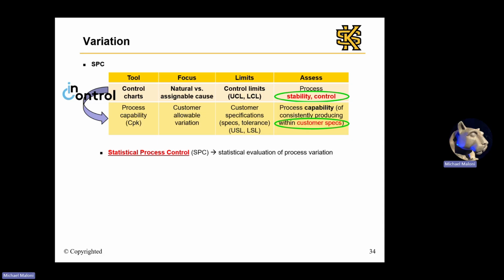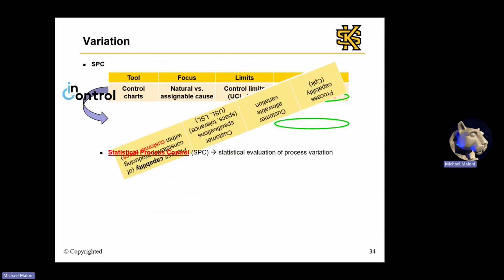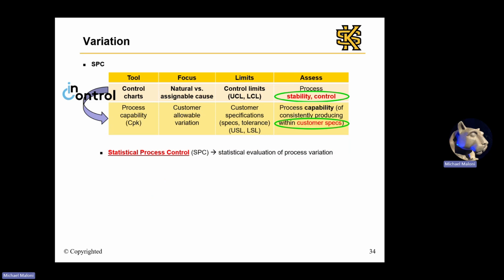The tool to do so is process capability, CPK. Will the process consistently produce within customer specifications? And if so, the process is considered capable, capable of consistently meeting customer expectations.